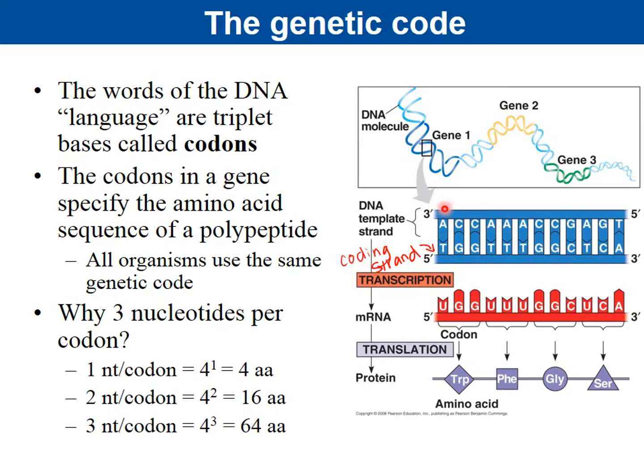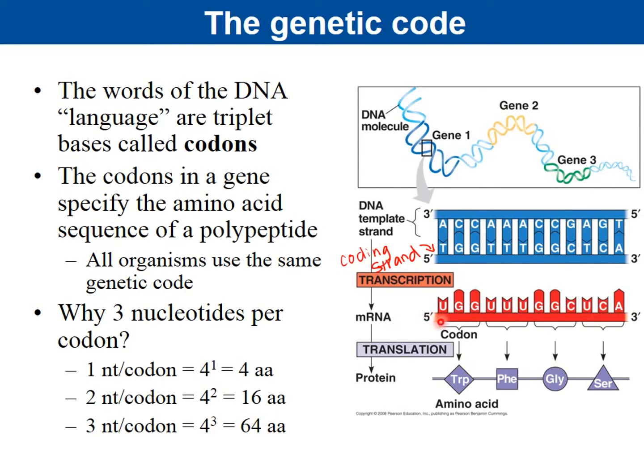So it's going to read an A, and it's going to make a U. Notice it's not a T, and that's because RNA doesn't use thymine, instead it uses uracil. The enzyme's going to read the A, put in a U. It's going to read the C, put in the G. It's going to read the C, put in the G, and so on down the strand.